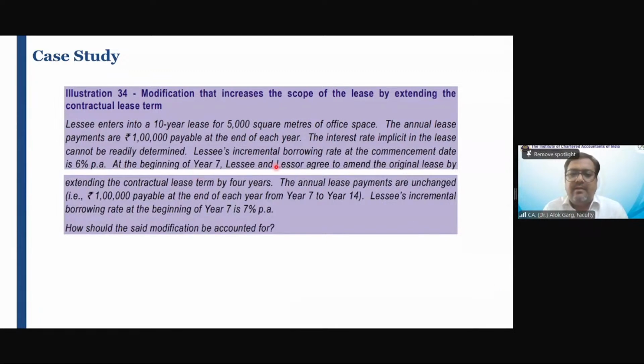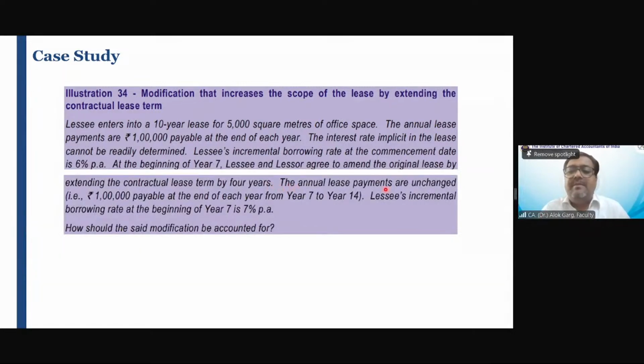Lessee and lessor agree to extend the lease term by 4 years. Means 4 plus 4, 8 years. It means at the beginning of year 7, as per the original term, 4 years were remaining, but as per the revised term, 8 years are remaining.